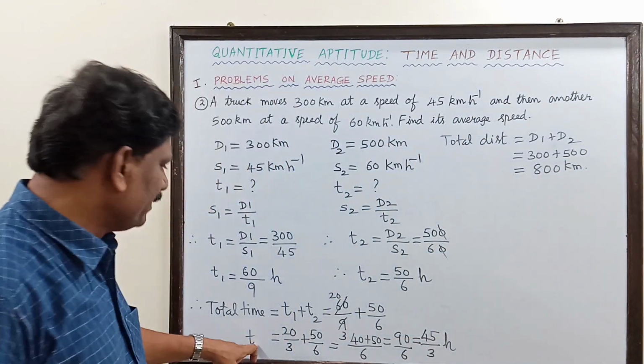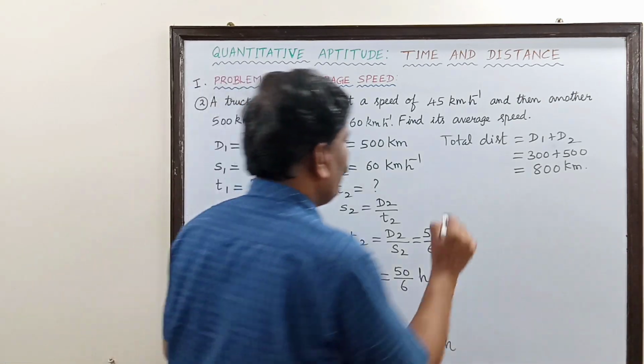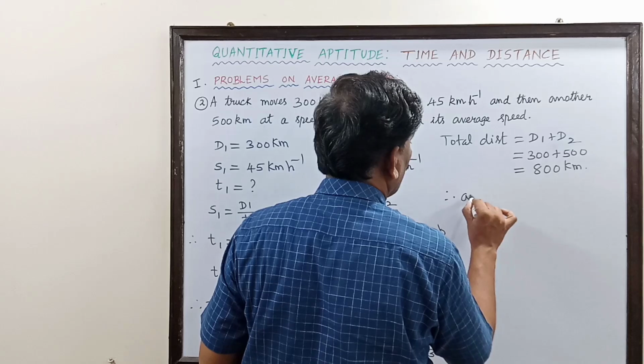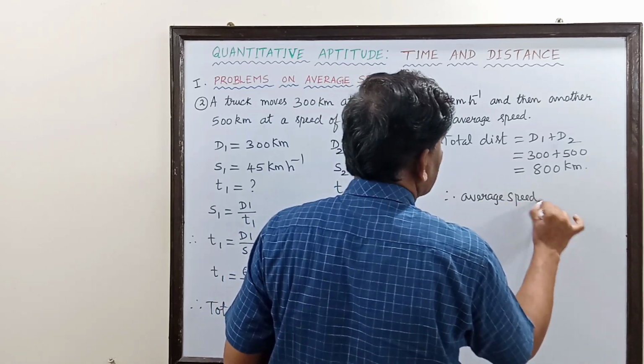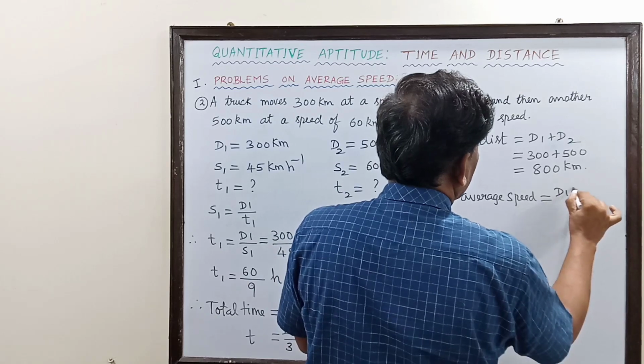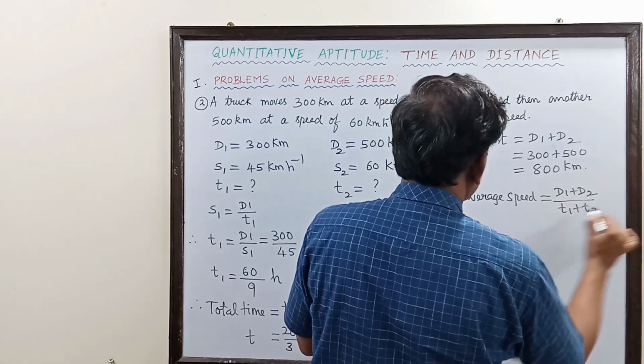And the total time T is equal to what? 45 by 3 hours. Therefore average speed is equal to d1 plus d2 divided by t1 plus t2.